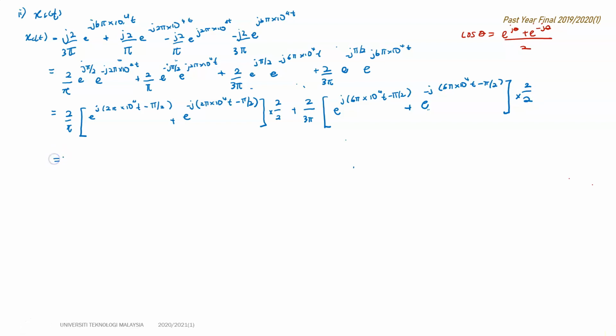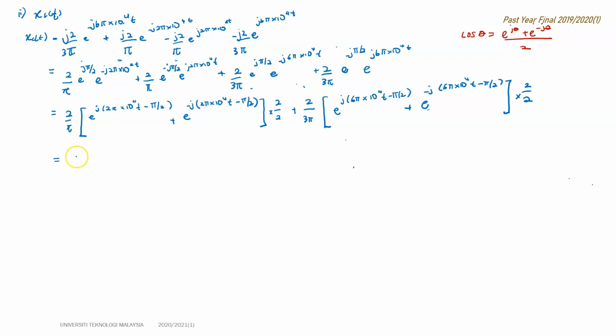Okay, positive plus negative exponent divided by 2, we can change it to cosine function. However, please remember, the 2 at the numerator here has to be multiplied with this.